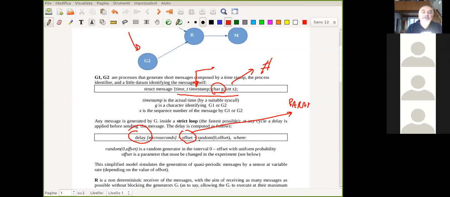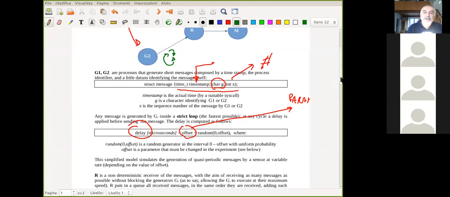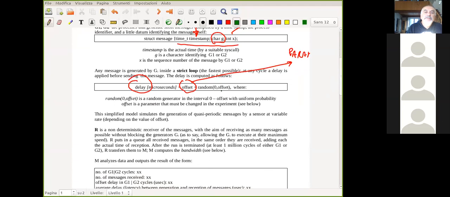The idea is that you have this as an average value of delay. So the loops of G1 and G2 are delayed, and the delay is not constant: the parameter is an average value, but the delay can be higher and lower using a random value, which you set using the system call random.